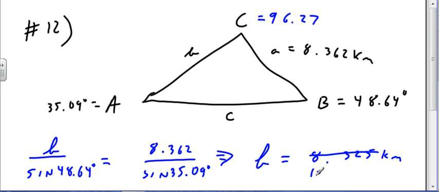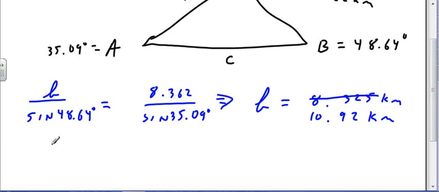Okay, so 10.92, and that'd be 4 significant digits, kilometers. So B is 10.92 kilometers, and then we got to come up with little c.